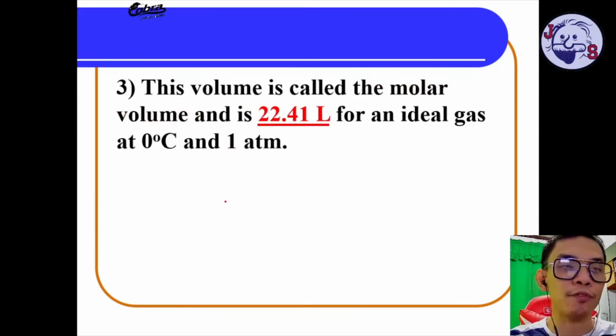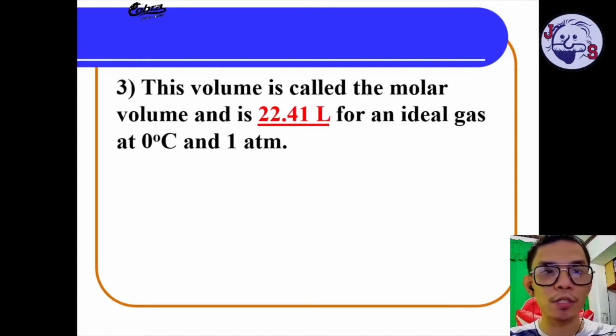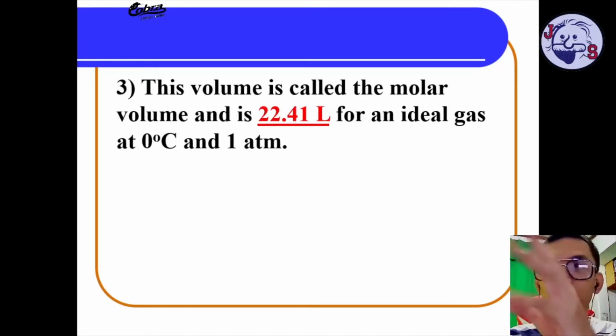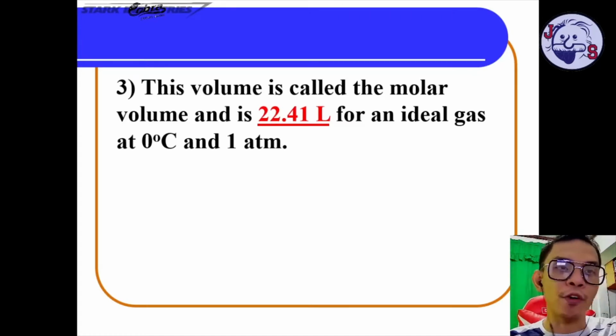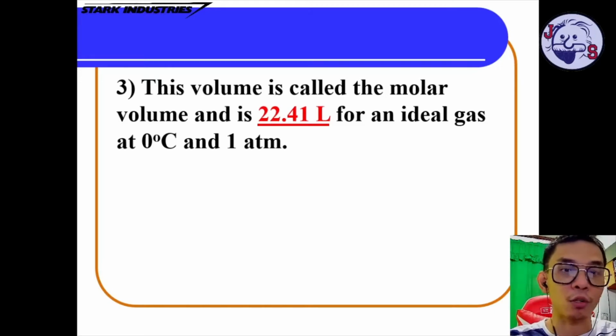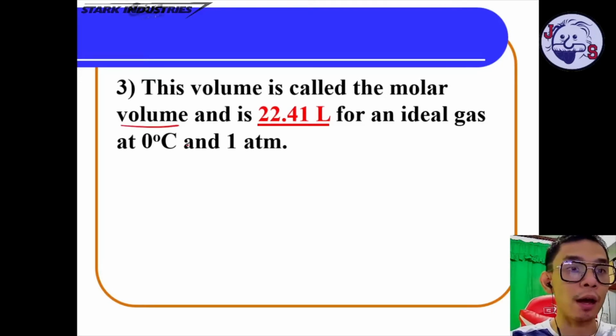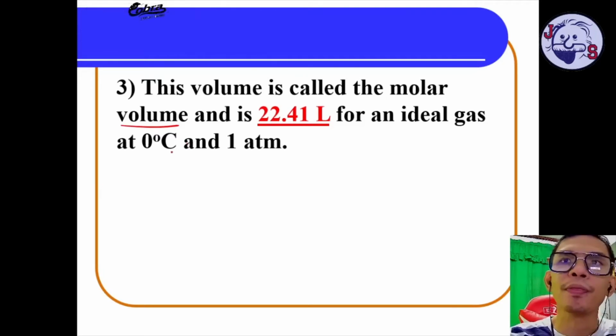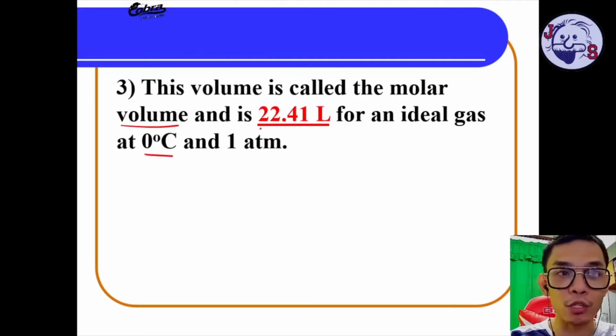That is 22.41 liters. In some textbooks it was 22.414, but for simplicity I just use up to the second decimal place. So 22.41.